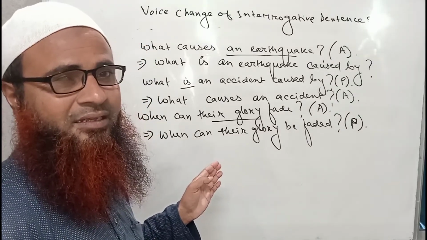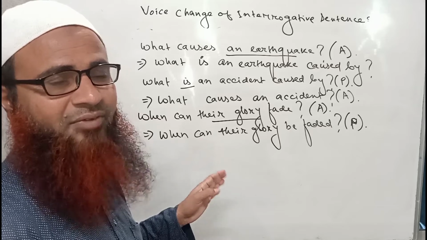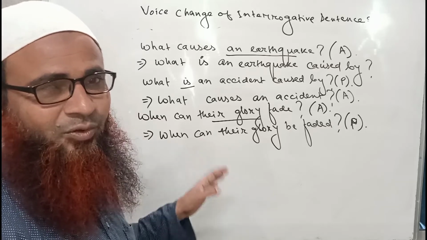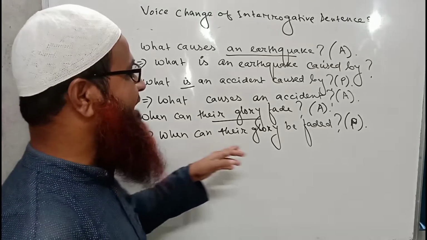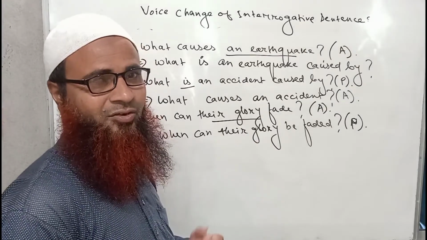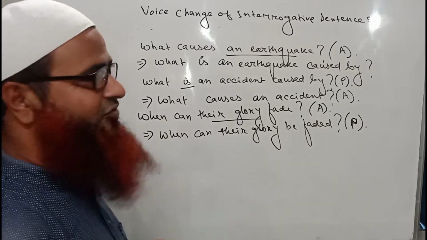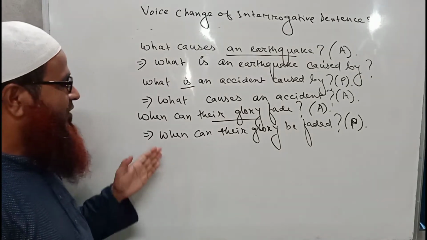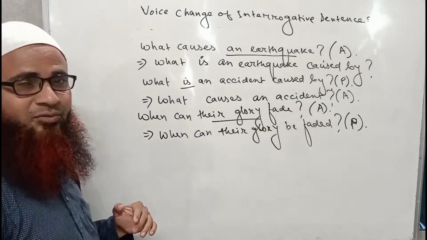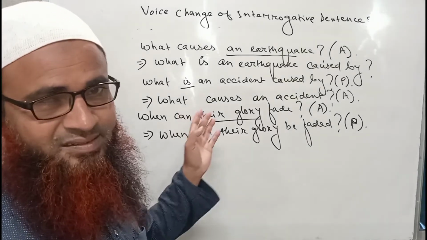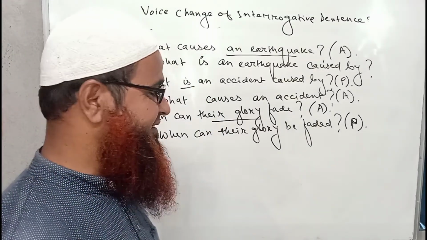Can their glory ever fade? Can their glory ever fade? That means their glory can never fade. Or we may also write in interrogative that when can their glory fade? Okay. So this is the different thing, and we already discussed this sentence in assertive interrogative sentences.